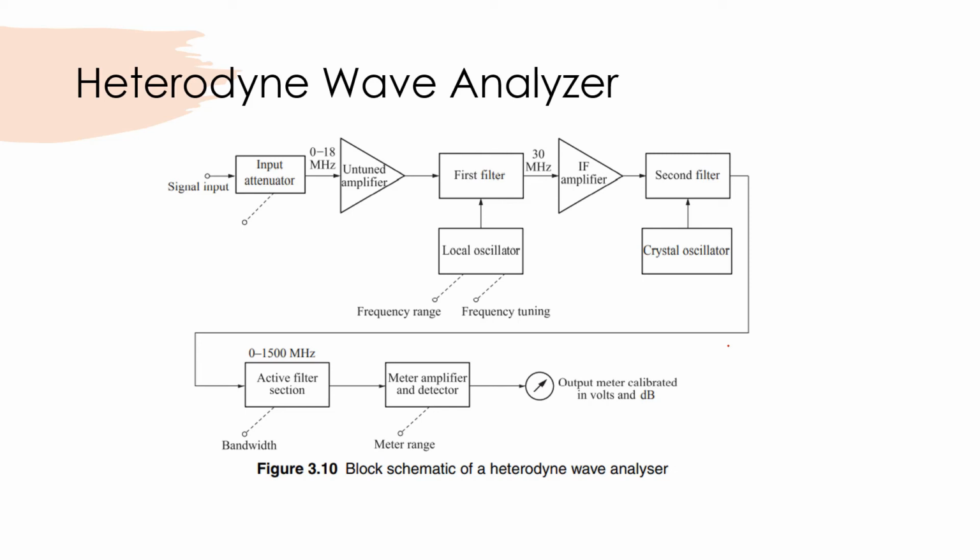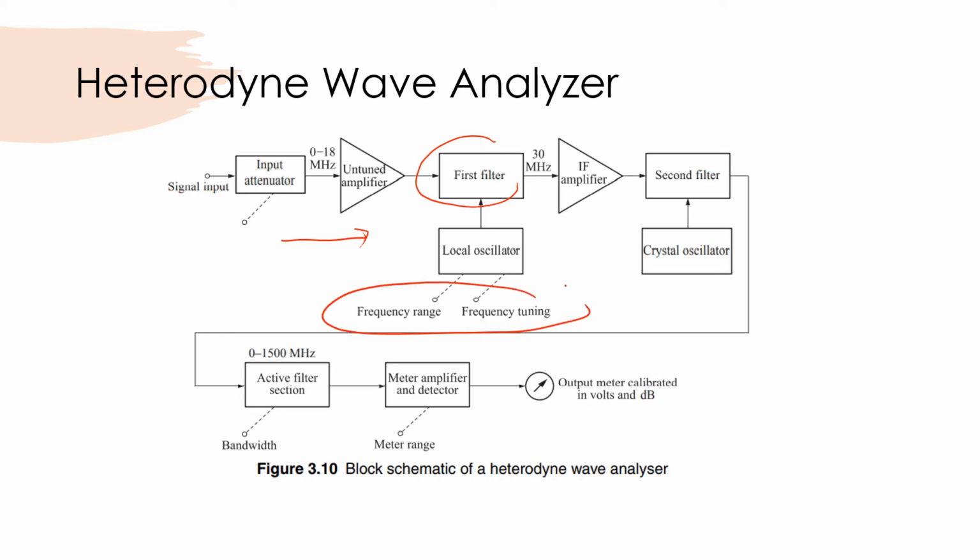We have the input signal coming to the input attenuator, and this is from 0 to 80 megahertz, coming to a tuned amplifier, and then we have the local oscillator here and also the first filter, and then we get the signal at an IF frequency around 30 megahertz, and also we can tune the local oscillator because we have the frequency range and frequency tuning here.